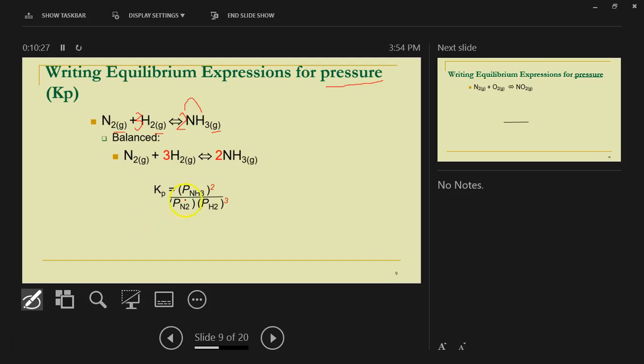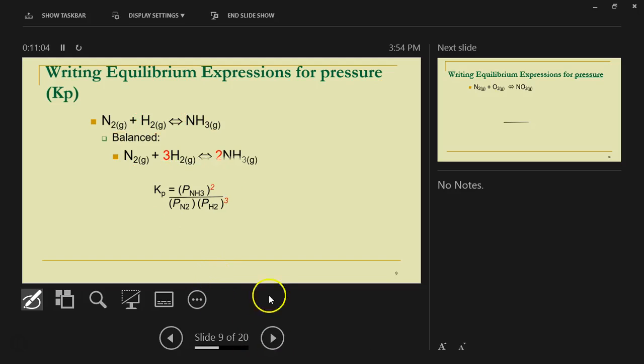Hopefully the equation that you wrote was the partial pressure of your NH3 raised to the power of your coefficient, over the partial pressure of your N2 raised to the power of the coefficient. What's the coefficient here? A 1. You'll notice most of the time we don't write that number 1. And the partial pressure of your hydrogen gas raised to the power of your coefficient. So those are where those pieces are coming from.